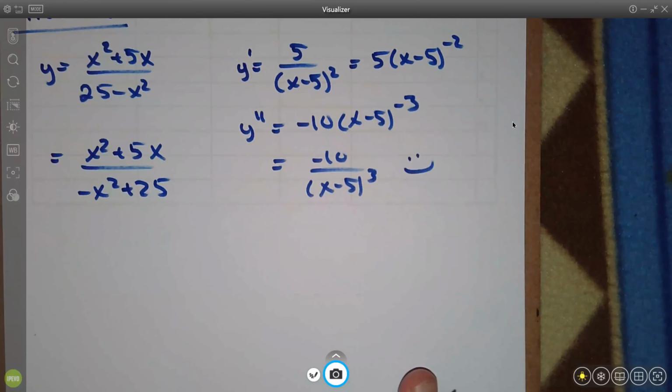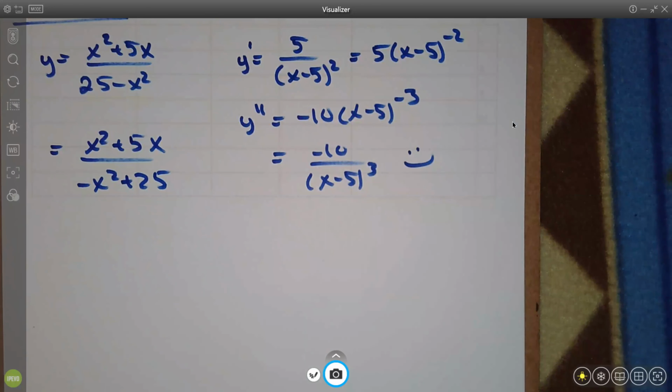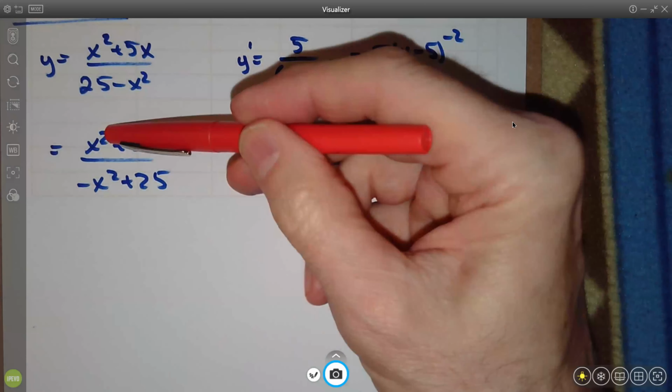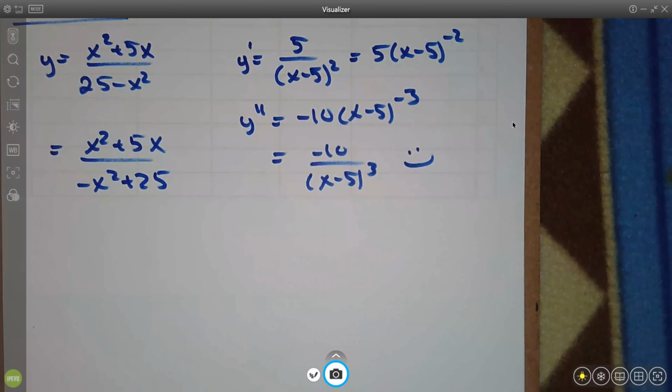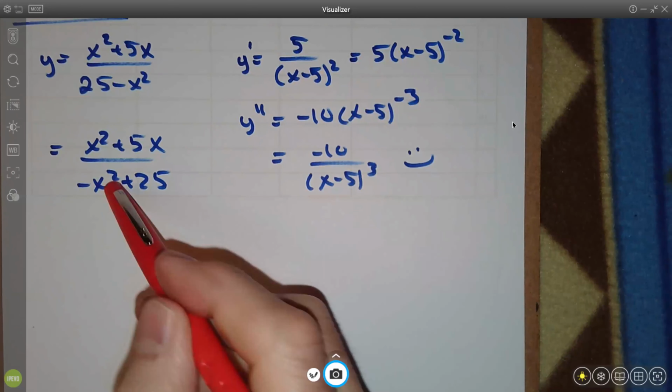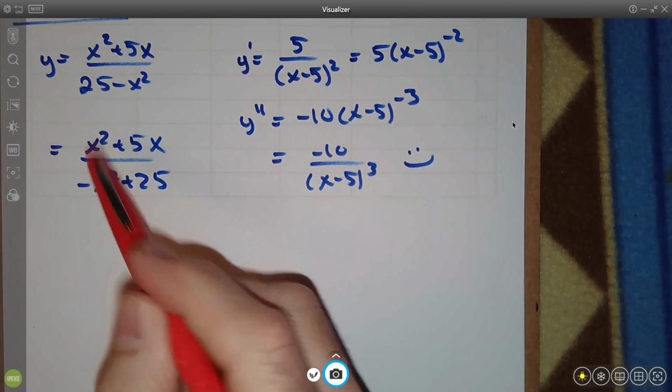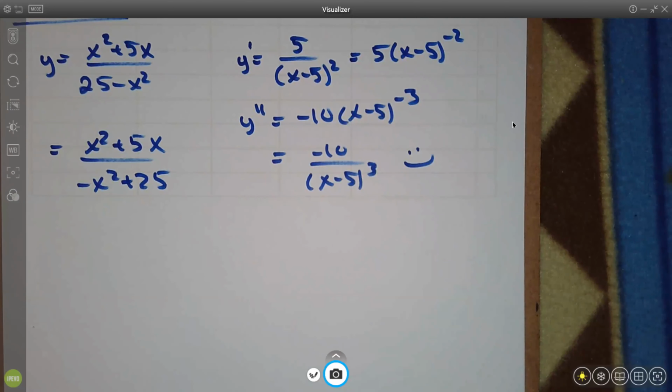And there's something I wanted to do by rearranging it like that, is I wanted to highlight the fact that these things have the same degree in the numerator and denominator. Why is that important?